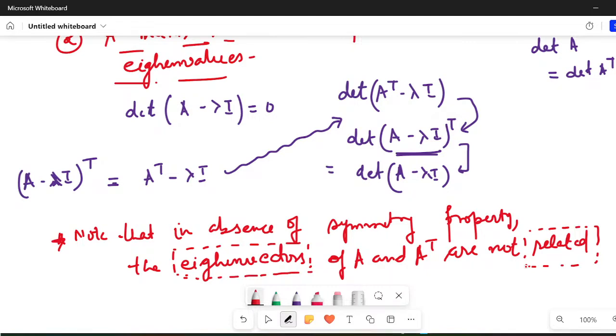I hope it is clear till now. If anybody has got any doubt, please ask it here itself, and then we shall move ahead. I'm giving you a minute to think about all these things, and then we'll go ahead.